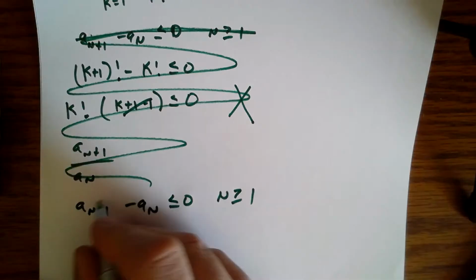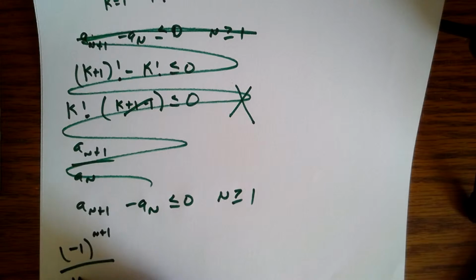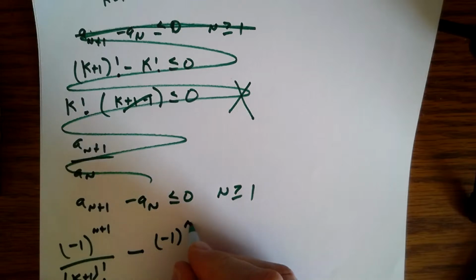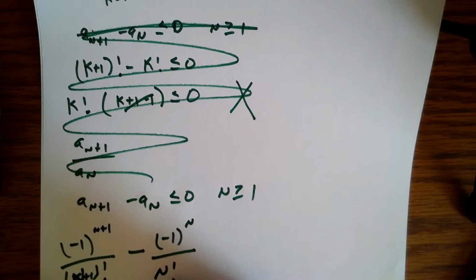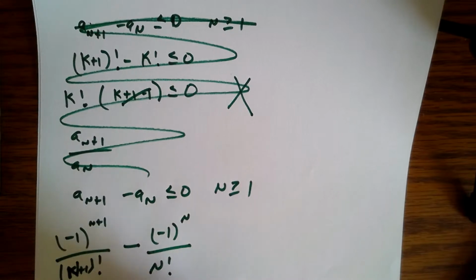All right, let's actually substitute it. So we're getting negative 1 to the n plus 1 over n plus 1 factorial minus the original, and I put a k when it should be an n. Thank you. What's the common denominator of n plus 1 and n factorial? Right, it's n plus 1 factorial.